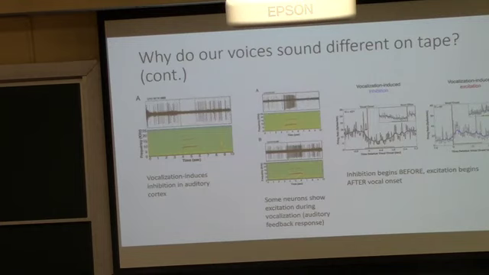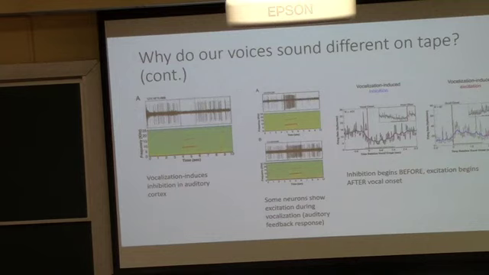So the first panel on the left talks about how when you vocalize and hear yourself speaking, there's a group of neurons that inhibits their firing, and that's why you see that empty space in the middle. In the middle panel, there are some neurons that show excitation during vocalization, so there are two primary populations that he talks about.